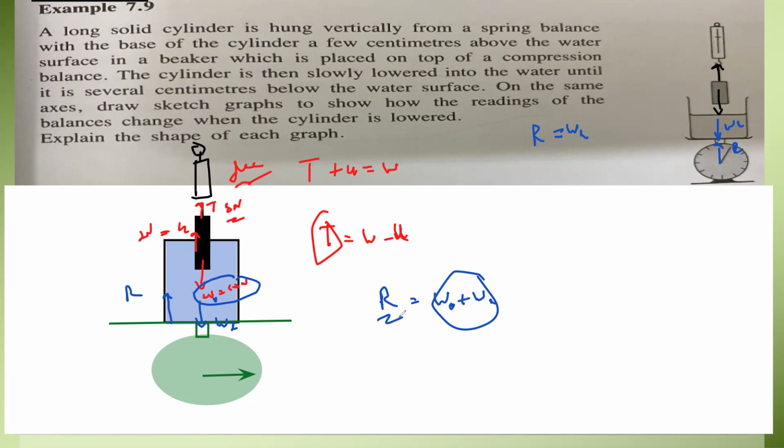And how much decrease is there in the reading of the spring balance? The same amount of increase is there in the reading of the compression balance. For example, if the spring balance reading decreased by 2, the compression balance reading increased by 2. Is this example clear?